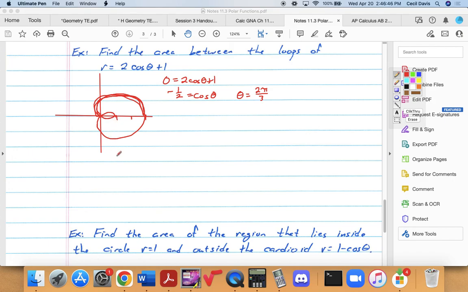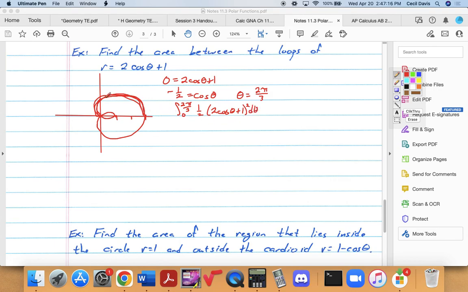Now, you could do it this way. Let me go ahead and show you. You could go, okay, I know this needs to go all the way around to 2 pi. So what I could do is this. I could do the integral from 0 to 2 pi over 3 of 1/2 of (2 cosine theta plus 1) squared d theta.